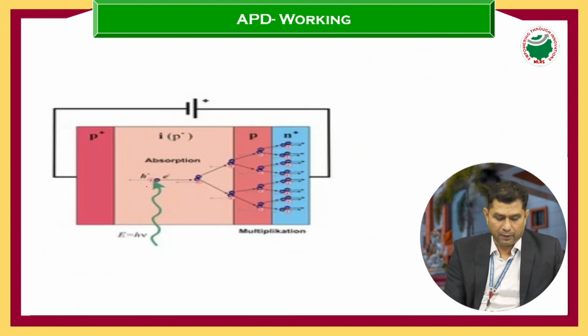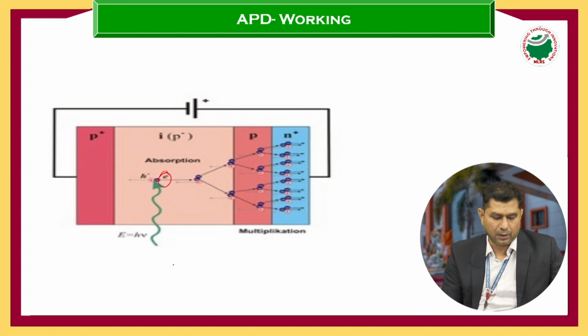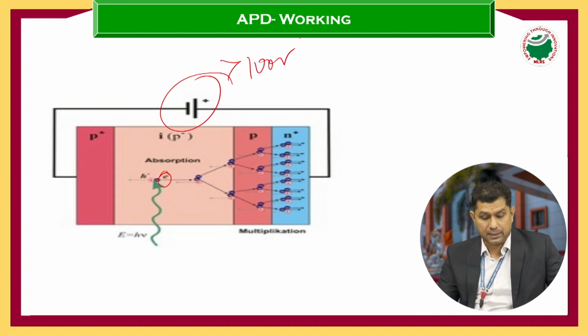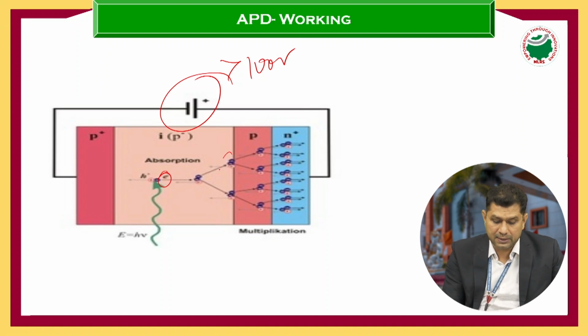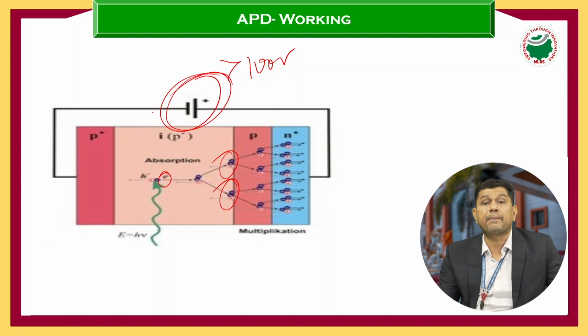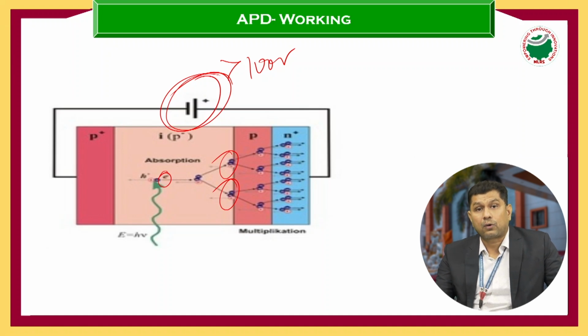You can observe here. First, this is the primary electron generated because of the incident light. This electron is moving in a very high field, high voltage. The kinetic energy is very high, sufficient to generate secondary electrons. These electrons also experience the same high field and have high kinetic energy, sufficient to break further covalent bonds.